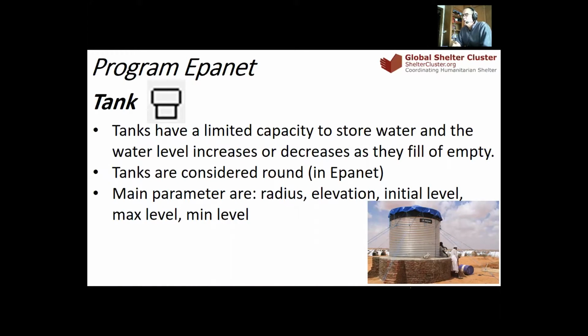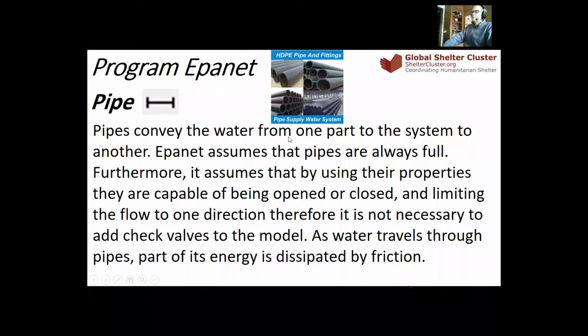So you have to calculate back the size or the volume of the tank into a round tank. Once you have the volume, it is easy to go back to the round one because the parameters that are used are the radius, elevation, initial level, maximum level and minimum level. A tank can overflow or can be empty. If it overflows or it is empty, EPANET will give you an error because we're not supposed to overflow tanks or to keep tanks empty.